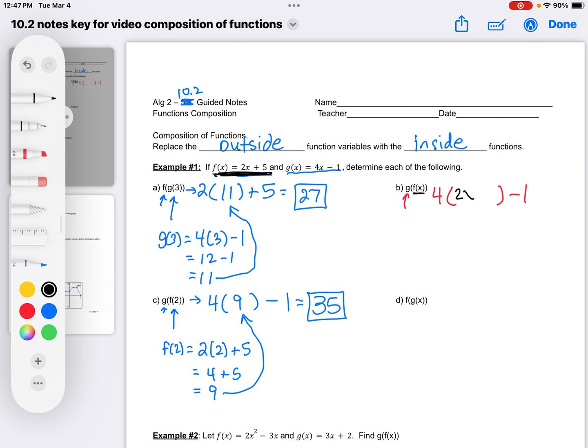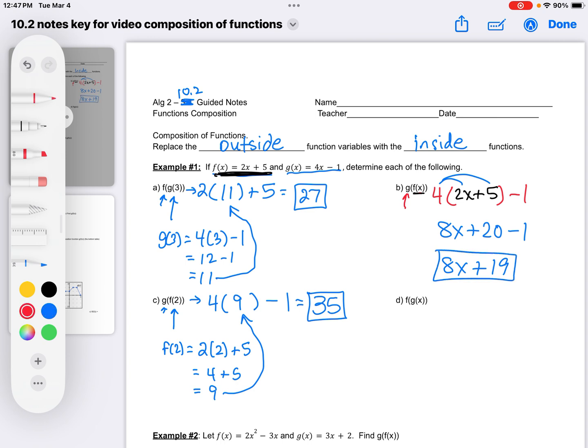That goes inside. But I don't know what x is, so I'm just going to simplify. We distribute here, we get 8x plus 20, and then bring down your minus 1. So your function is 8x plus 19.